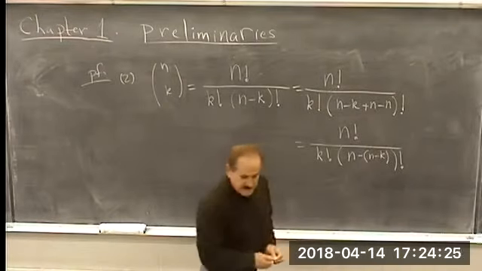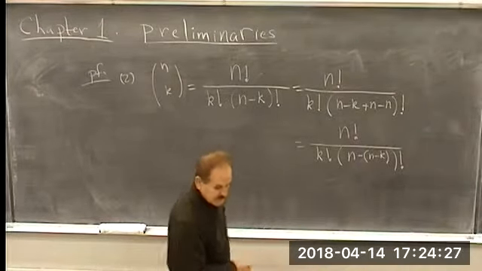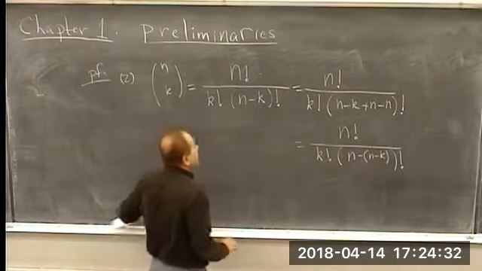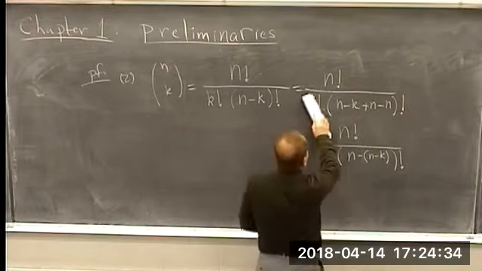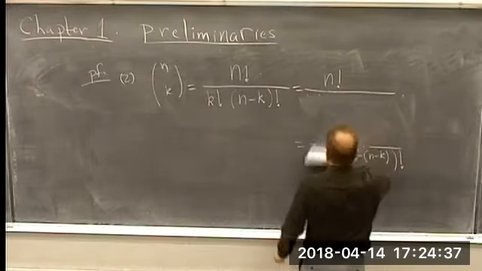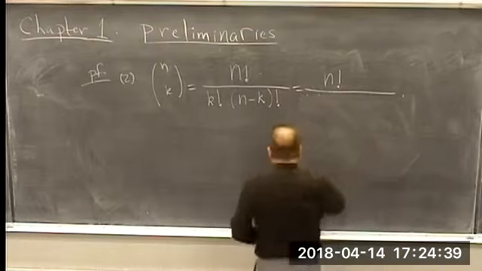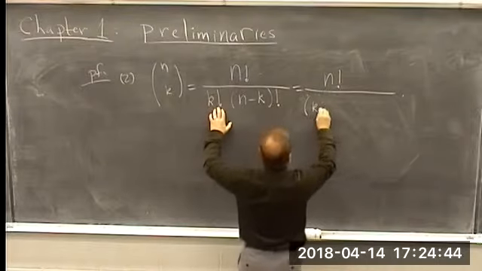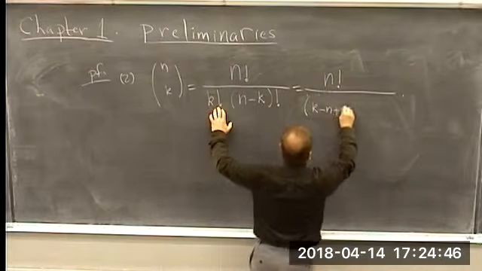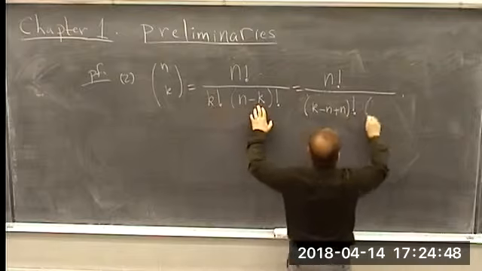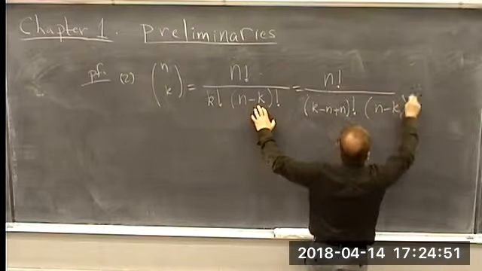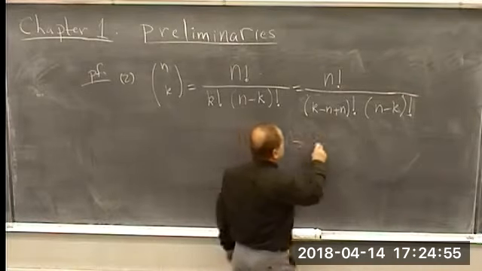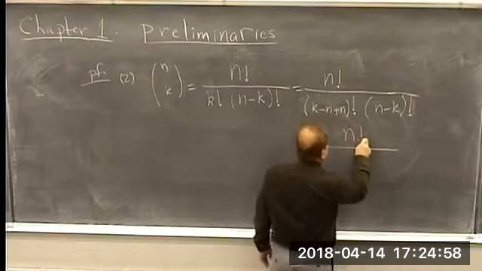Okay, I think I need to, actually, I didn't do it our way now. Let me correct myself. So I want to change the k factorial into n minus n plus k. Sorry. And this I want to leave as is. All right. So let's see what this is equal to. n factorial.